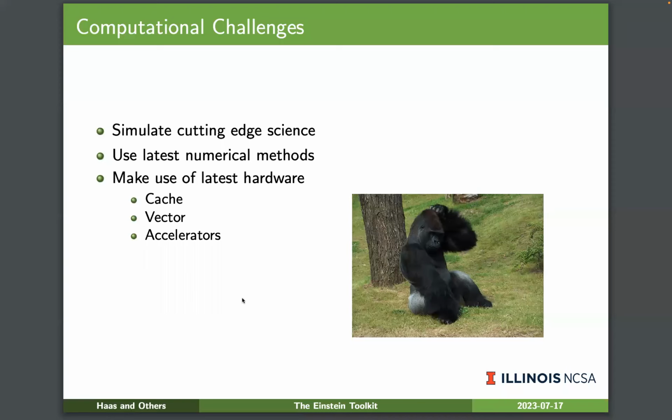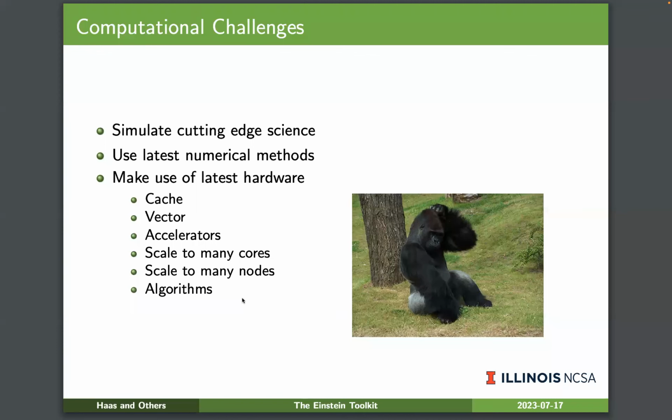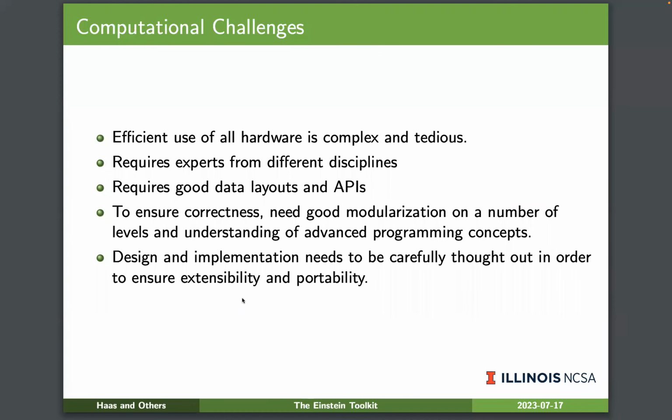We want to use accelerators, GPUs of various sorts, and other types of accelerators as well. We have to scale to many cores on a single node, which is troublesome occasionally. And then we have to scale from one node to many nodes as well, which means we have to use the interconnect efficiently. Algorithms, and that all is a formidable challenge to get things right.